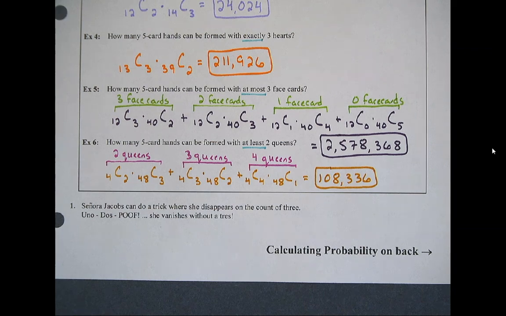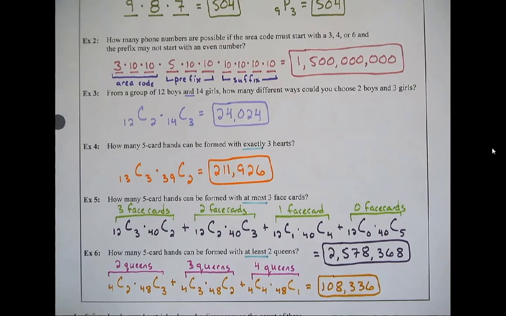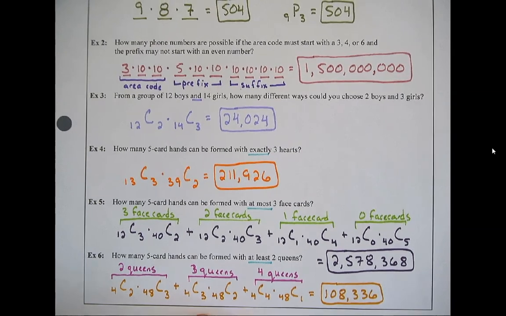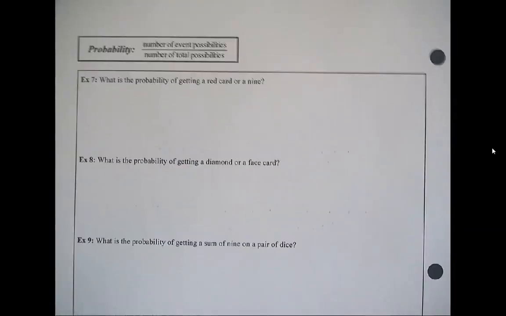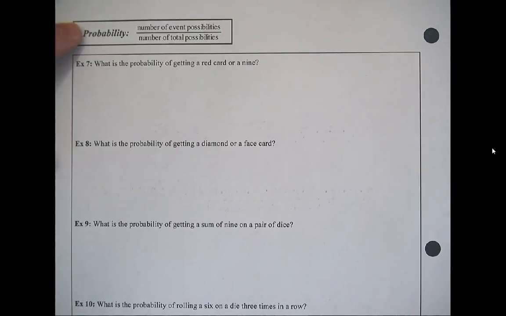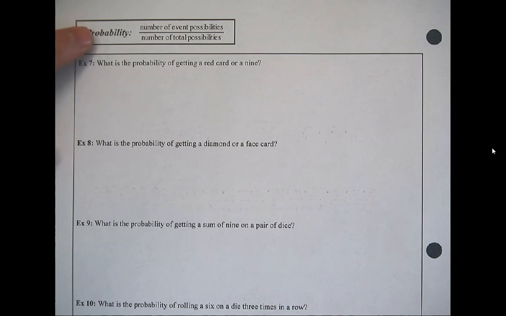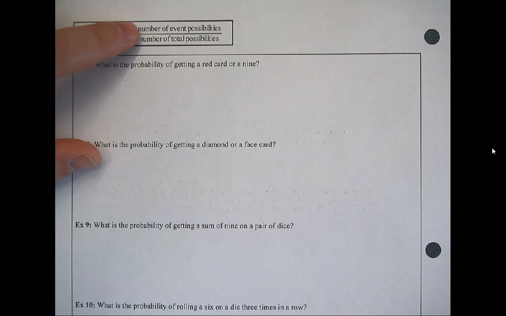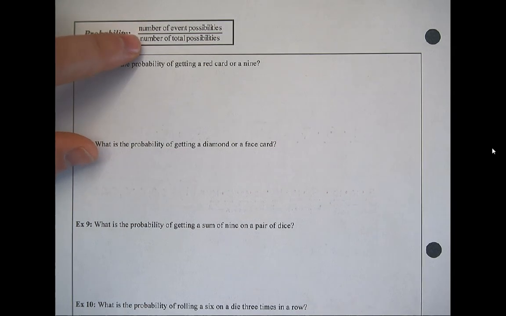Okay, so the front, most of what we talked about was ways to count. Now we're going to take those ways to count and we're going to turn them into ways to calculate probability. Because probability is very simple to calculate on the surface. Probability is the number of ways an event could happen divided by the total number of things that could happen altogether.